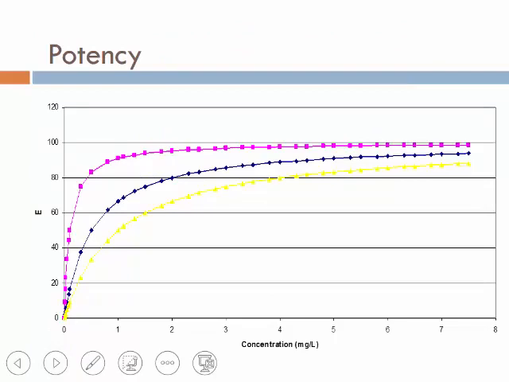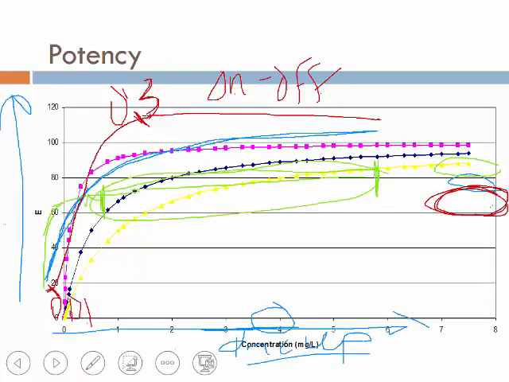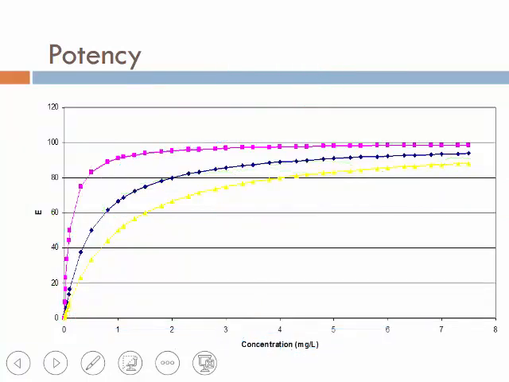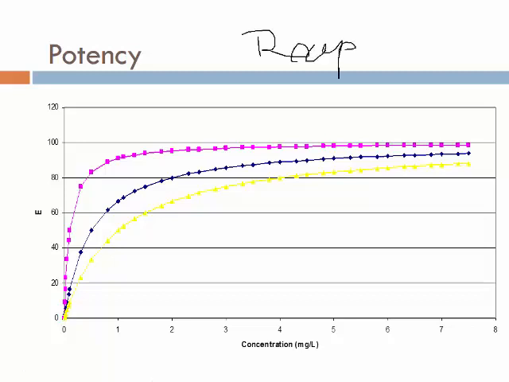How do we determine the potency of a drug? The potency of a drug is really all about how much drug it takes, or the attraction between the receptor and the drug.